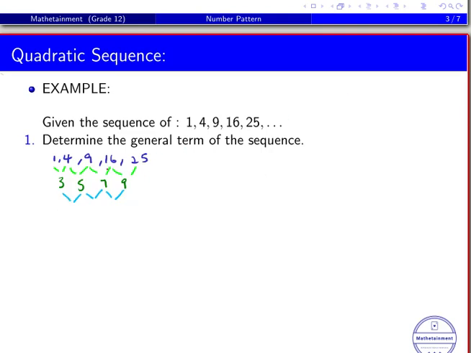So your solution here will be 9 minus 7, you get 2. 7 minus 5, you get 2. 5 minus 3, you get 2. Now you do have your second common difference.